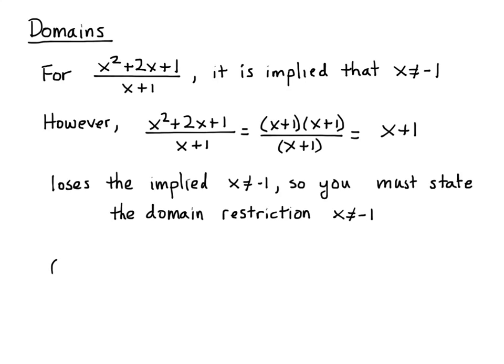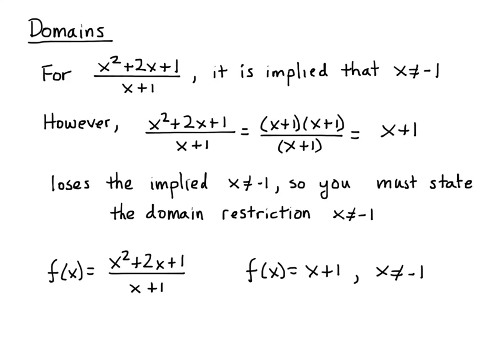So if my original function is this, an equivalent way to state that function would be x plus 1 when x does not equal negative 1. Those two, for every value, are exactly the same now, because with the first one, you could put in any number and get a number except negative 1.